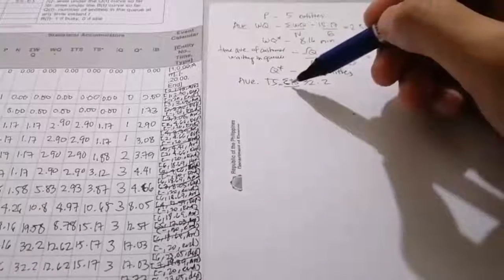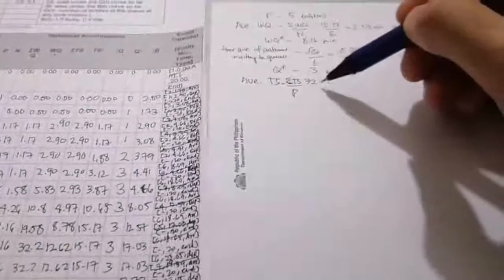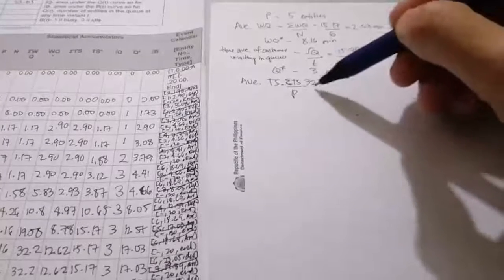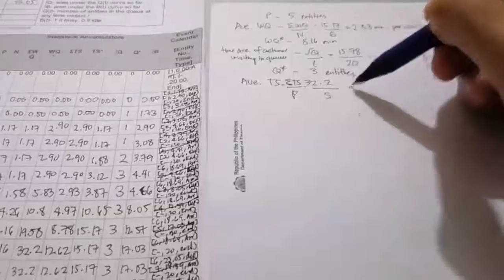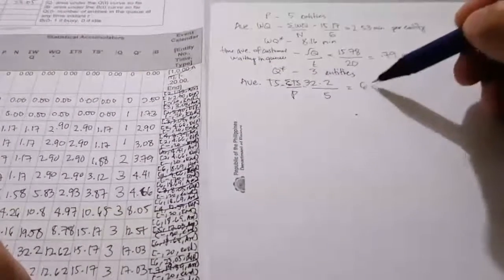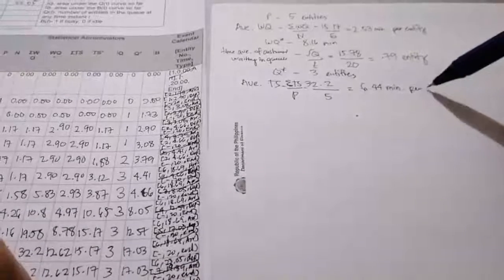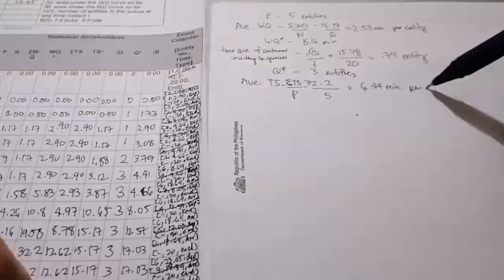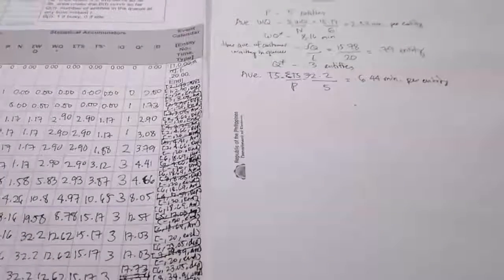So, ibig sabihin ng customer served natin is P. So, summation of TS over P, yun ang ating equation. So, 32.2 divided by 5 equals 6.44 minutes per entity. So, this is the average total time in system.